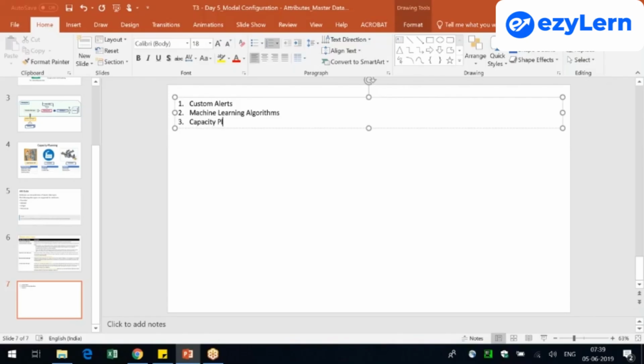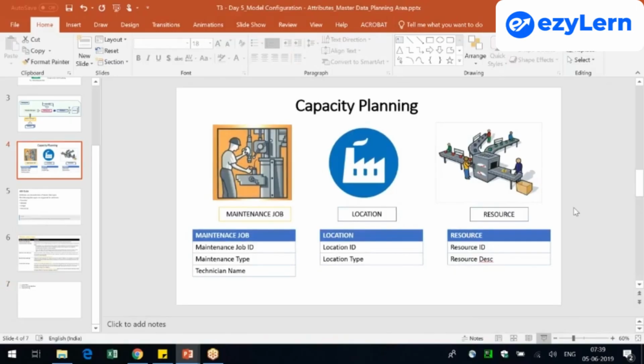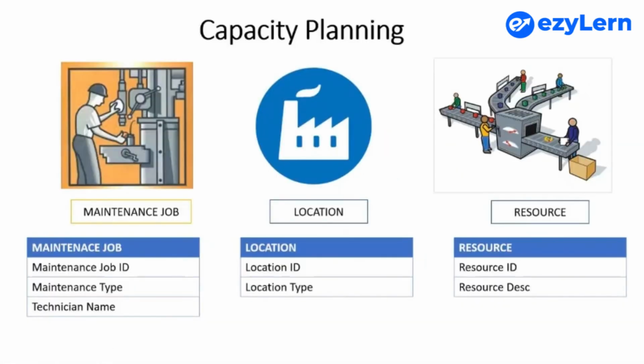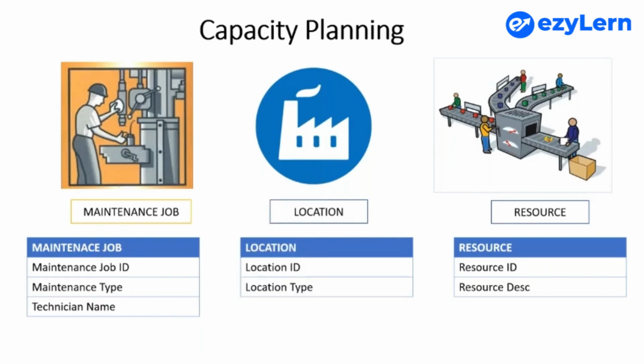So just a recap is that there would be a maintenance job. So a technician is trying to do something on a resource.